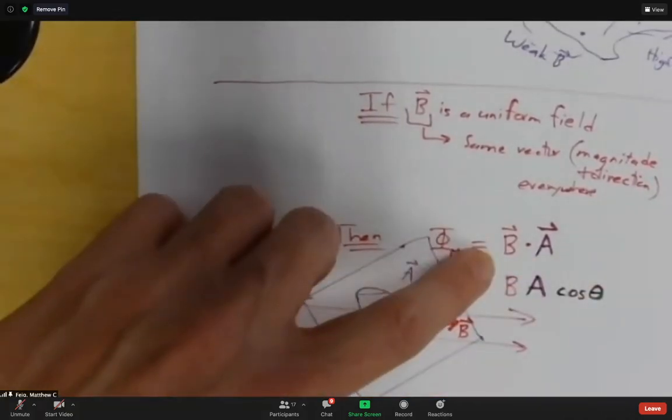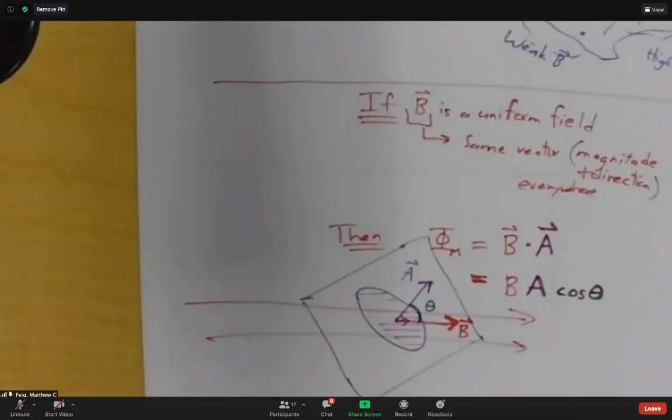You get a lot of flux when the magnetic field is parallel or nearly parallel to the area vector. But that actually means you get a lot of flux when the magnetic field is nearly perpendicular to the loop itself, because the area vector is perpendicular to the orientation of the loop. So maybe just at some point think about that. So in this case, I'm in the middle here. I know I've got an angle probably close to about 45 degrees or so there.